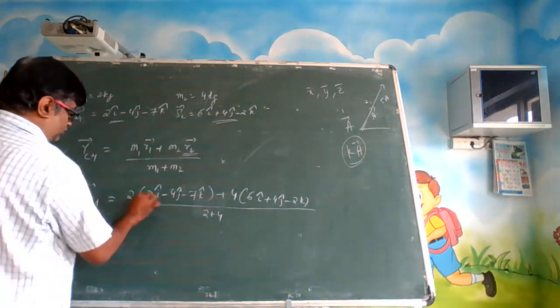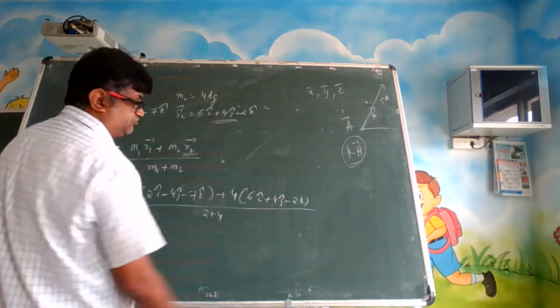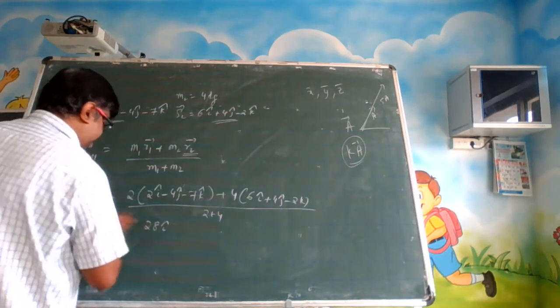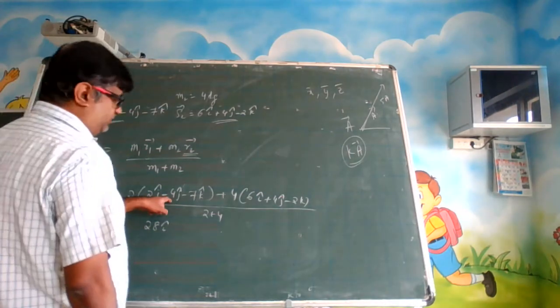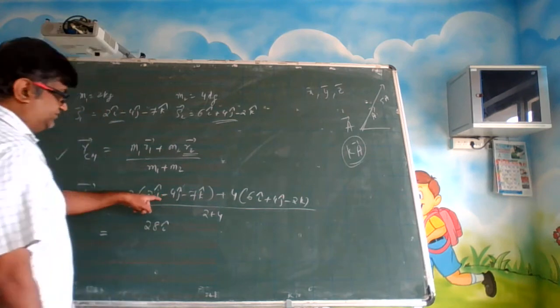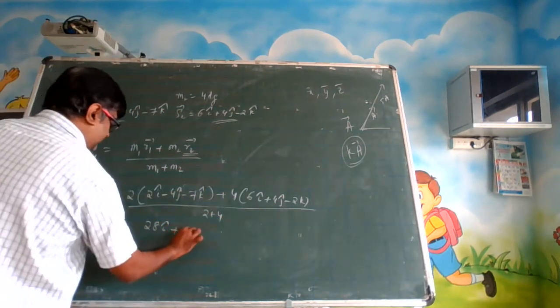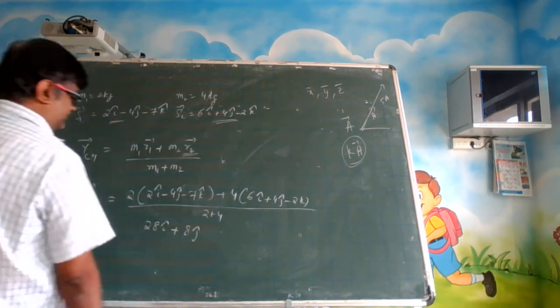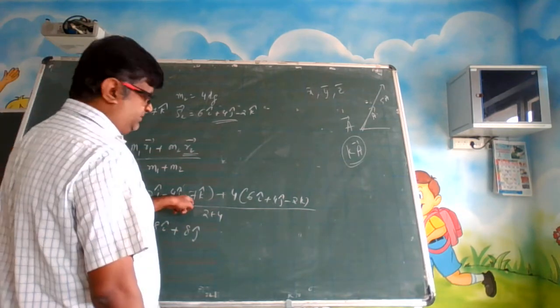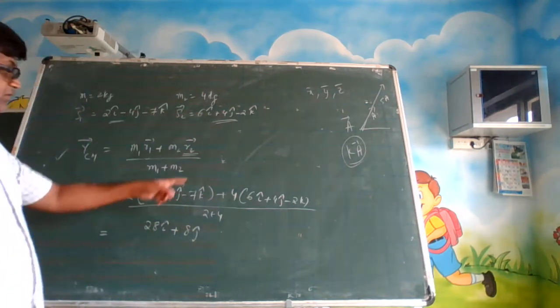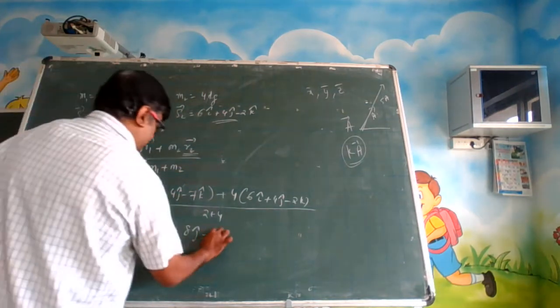So 2 into 2 is 4i, 4 into 6 is 24i, 24 plus 4 is 28i. 2 into 4 is 8, 4 into 4 is 16, 16 plus 8 is 24j. 2 into minus 7 is minus 14, 4 into minus 2 is minus 8, so minus 14 minus 8 is minus 22k.